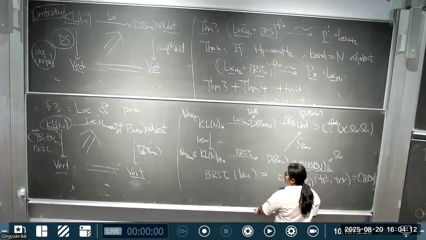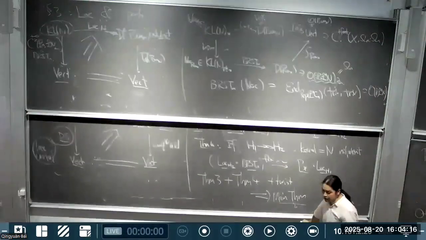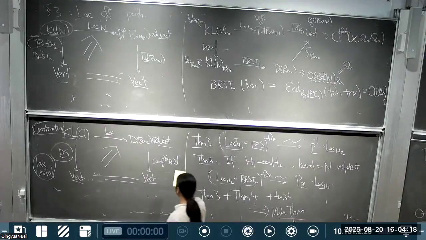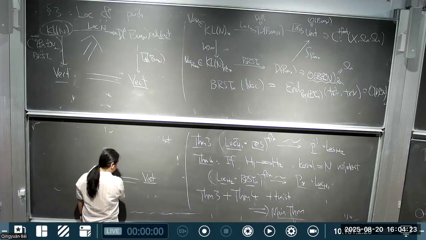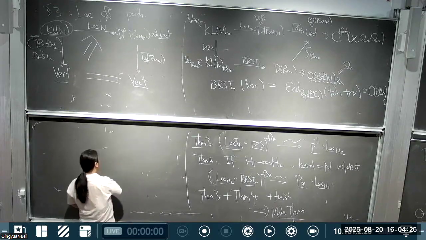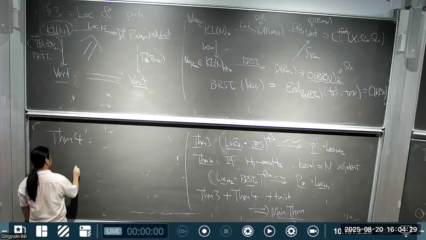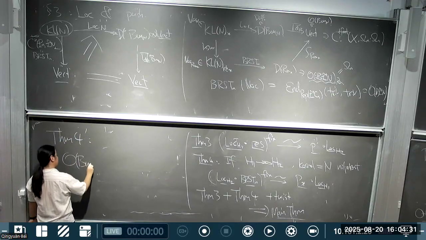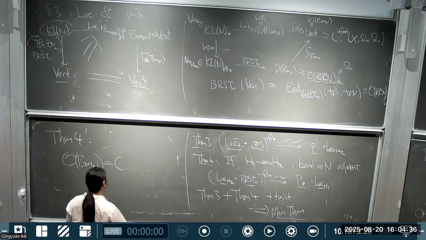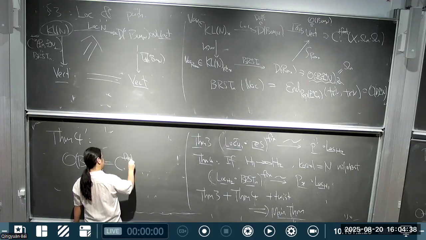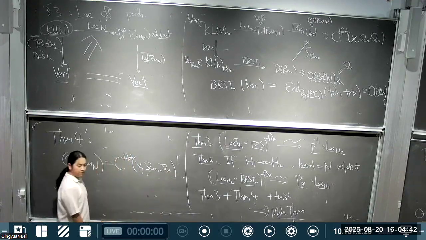So therefore, the content of theorem 4 is equivalent to the following thing. I will write this advanced theorem 4 prime, which really tells you what's the global section of bar N, or global section of the structure sheaf. It says O of bar N is the same thing as factorization homology for omega N. It's a module for itself.